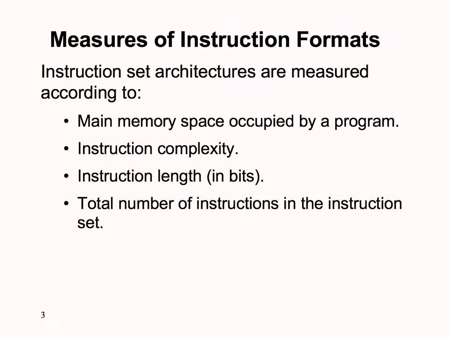Basically that is measured by the amount of decoding necessary to execute an instruction, and also by the complexity of the task performed by the instruction. The third parameter is instruction length, which is measured in bits. And the last parameter is the total number of instructions in the instruction set.